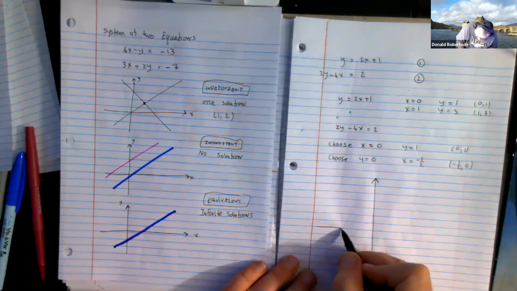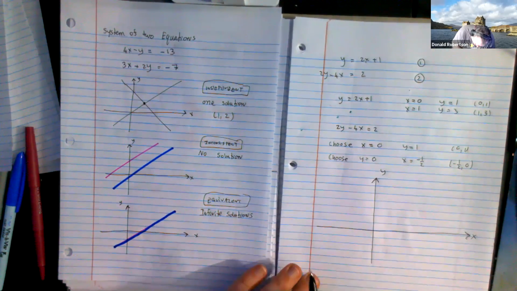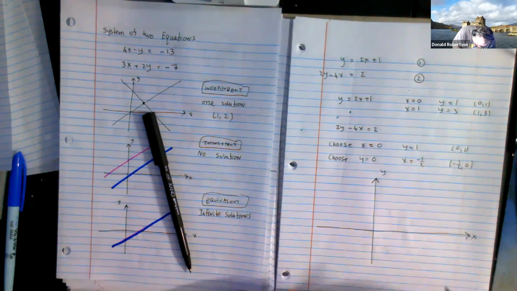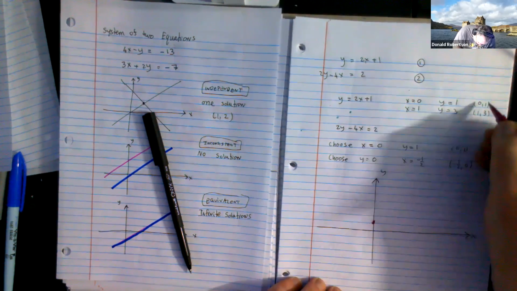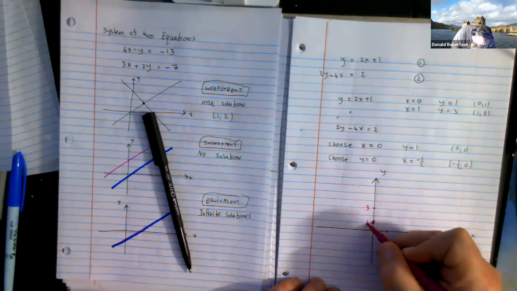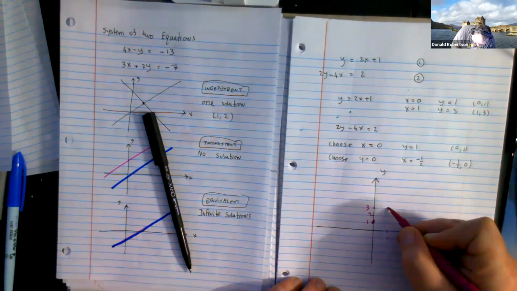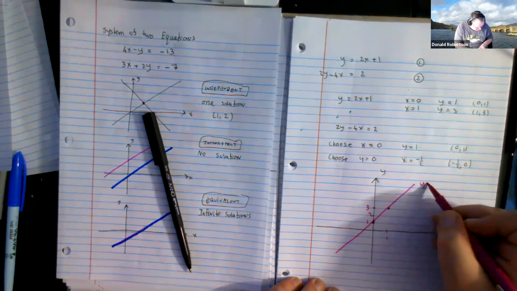Again, imagine this is square paper. If I plot the point 0, 1, it's this guy, and then I plot the point 1, 3, then this represents the y equals 2x plus 1 line.